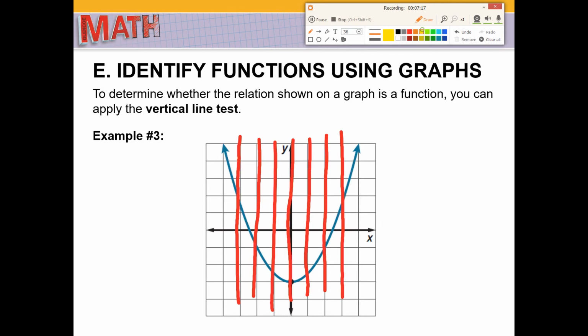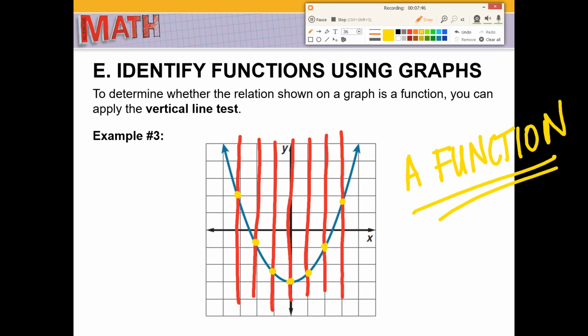Now, if I mark the parts that touch the graph, I have here 1, 1, 1 also, and lastly 1. Okay, so now all my vertical lines are touching the graph at only 1 point each. So this means that this graph is a function.